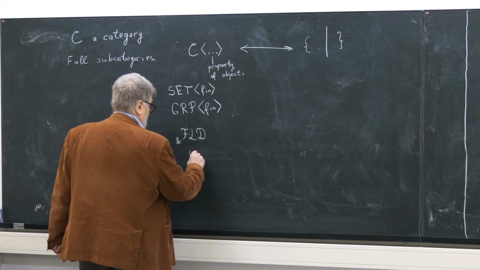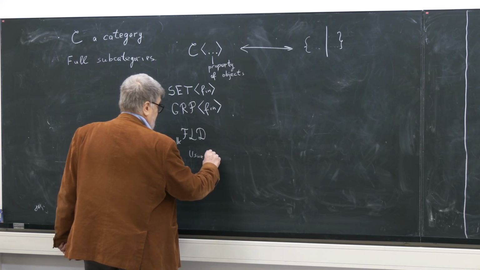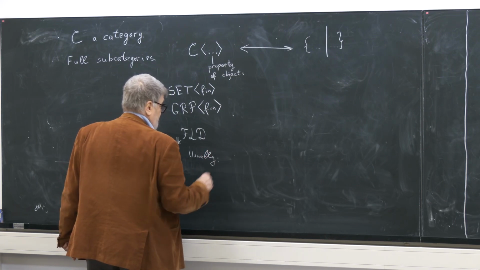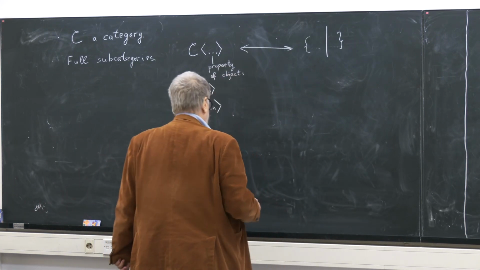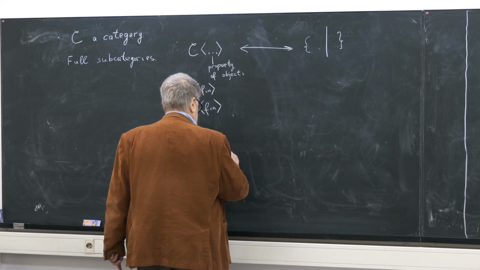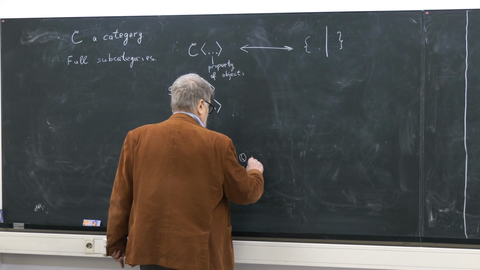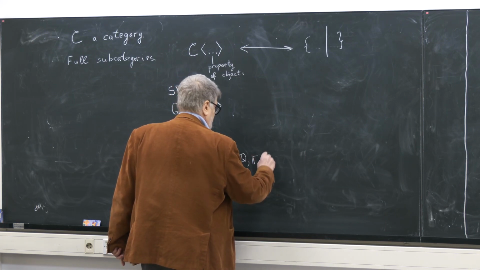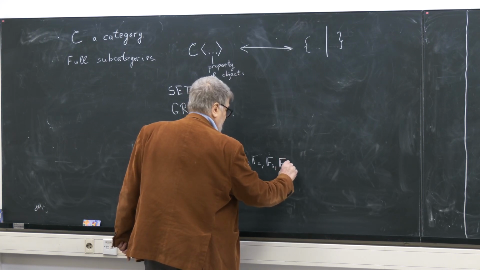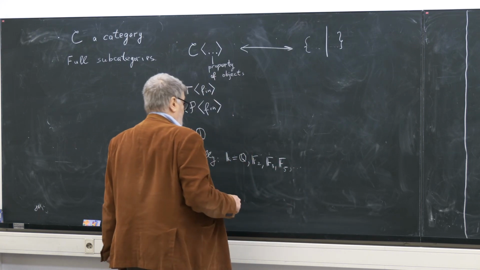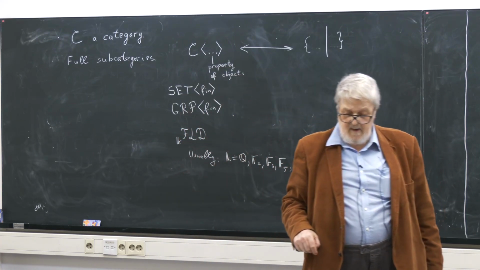Since there exists a smallest field of any characteristic, K is either Q or F sub 2 or F sub 3 or F sub 5 and so on.